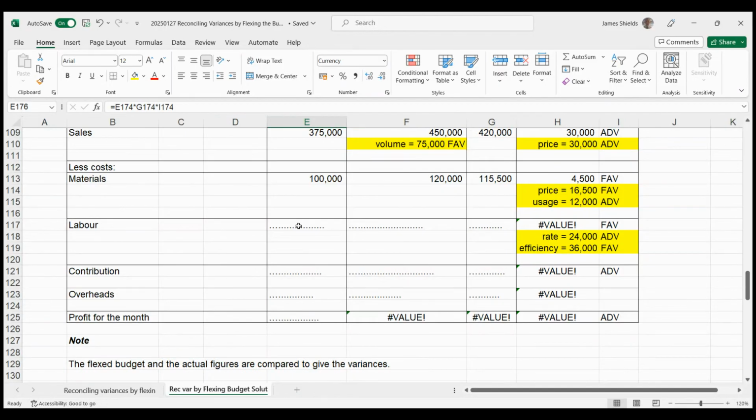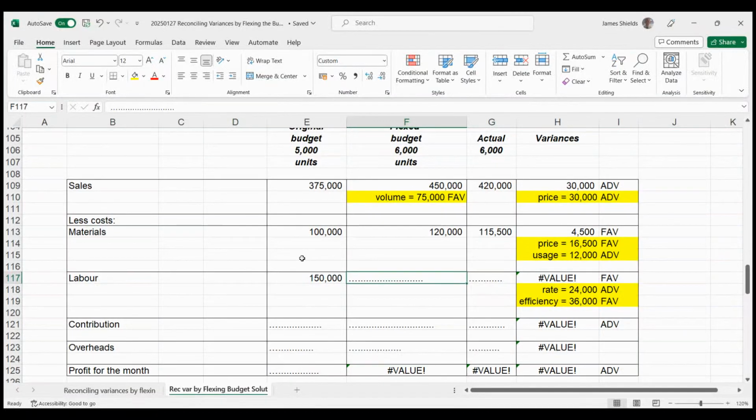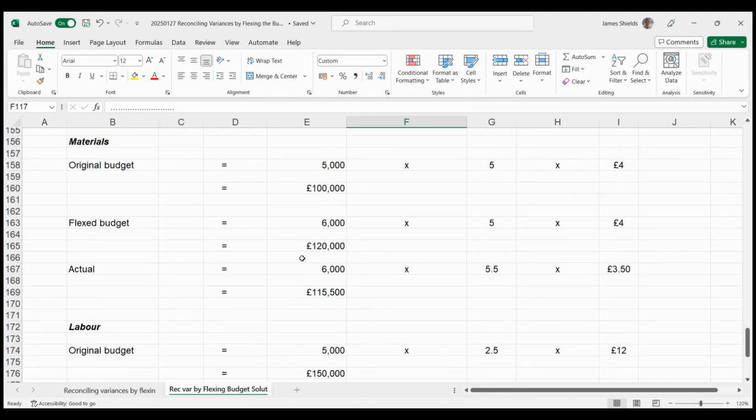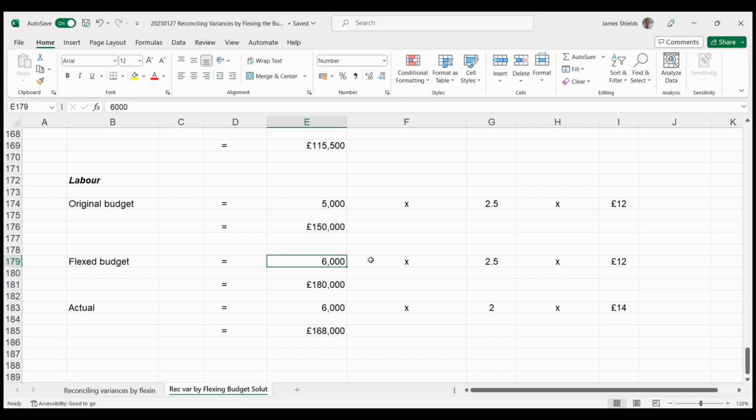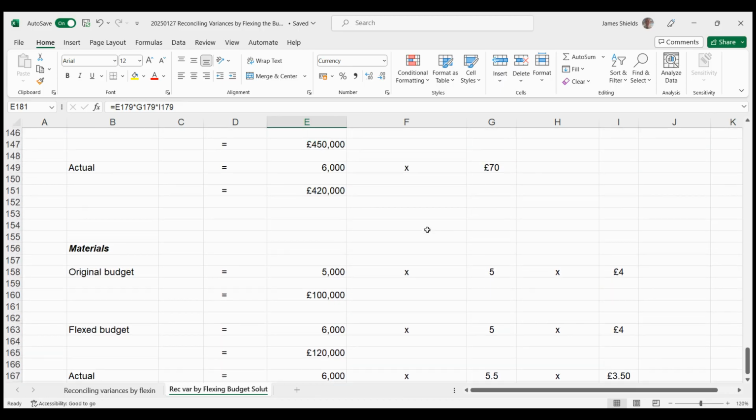Now we'll flex the budget for 6,000 units: 6,000 units times 2.5 hours times £12 per hour, which gives us £180,000.